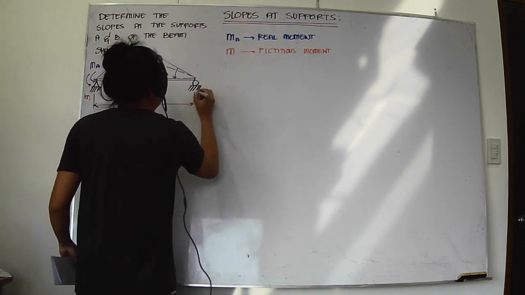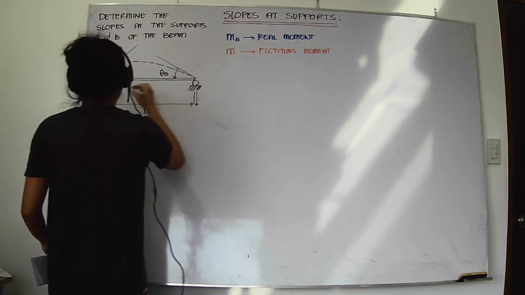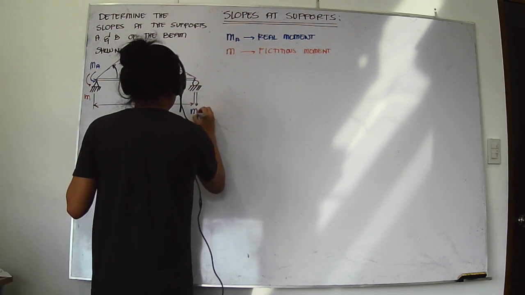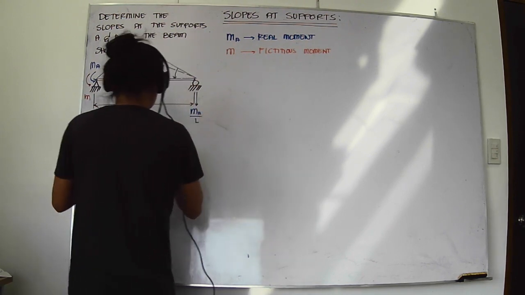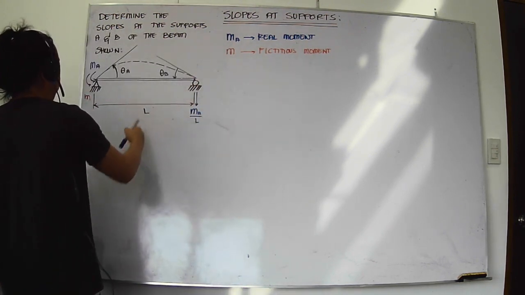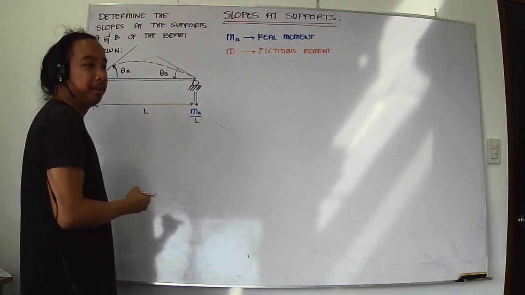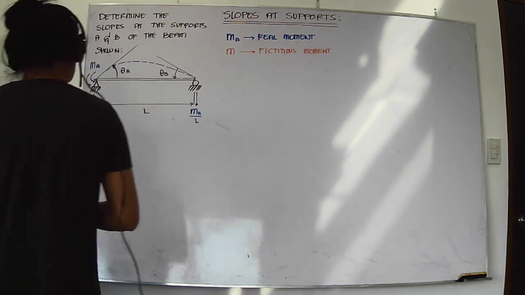Solving for the reaction, that should be MA over L. MA over L times L is equal to MA, that cancels out. We have equilibrium.